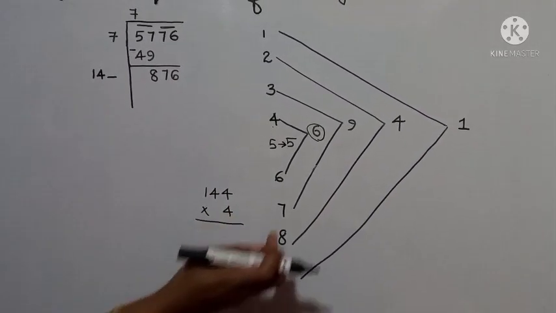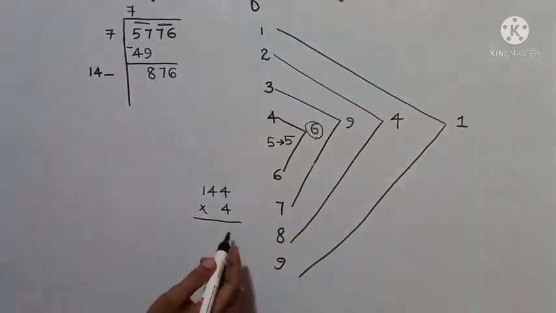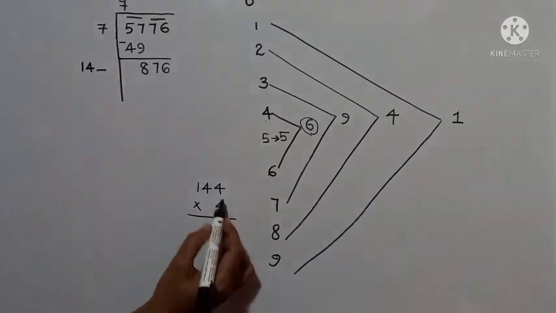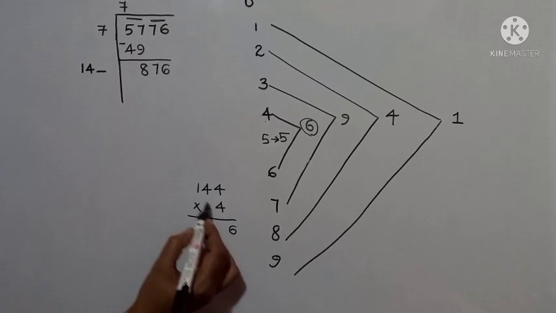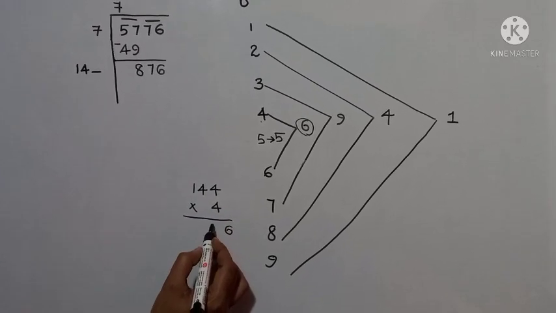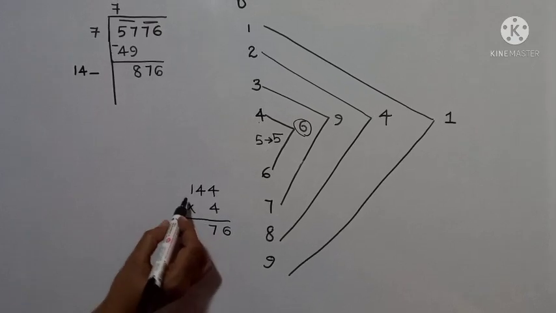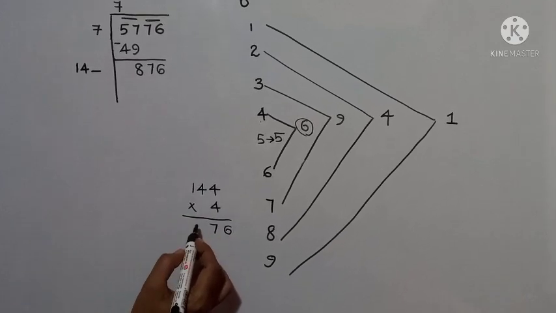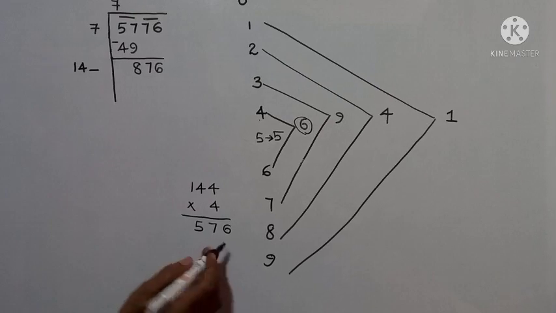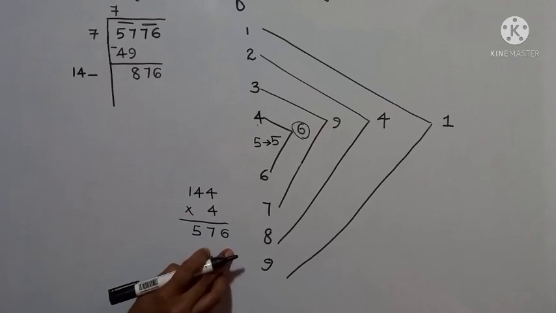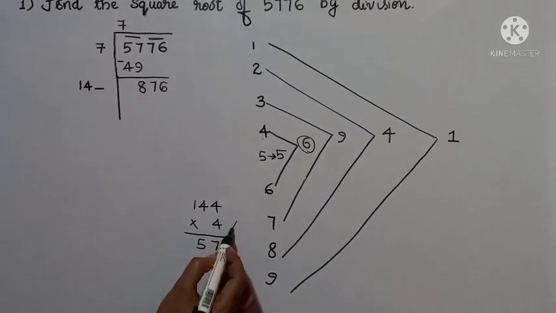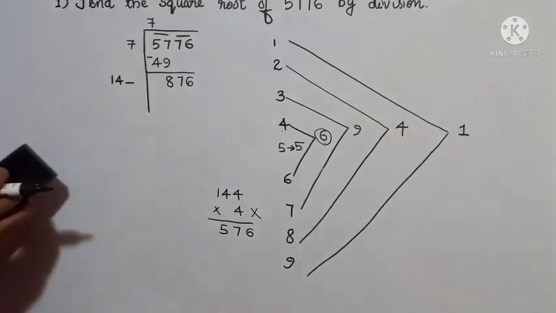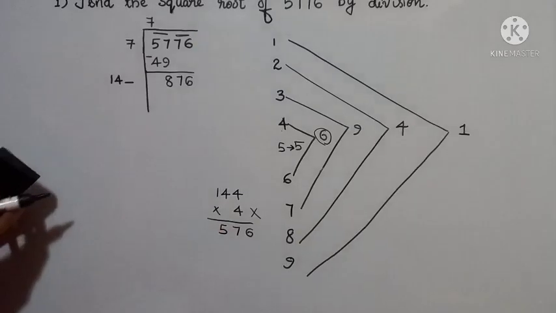Otherwise, we have to try the other one, 6. 4 into 4 is 16, remainder 1, 6. 4 into 4 is 16 plus 1 is 17. Then 1 into 4 is 4, plus 1 is 5. Here we have got only 576, but here it is 876. So this is wrong. We cannot select this 4.